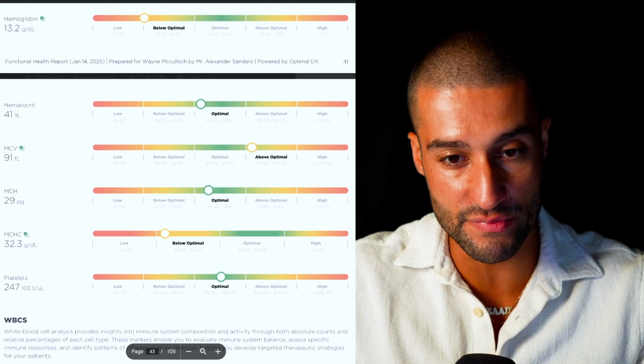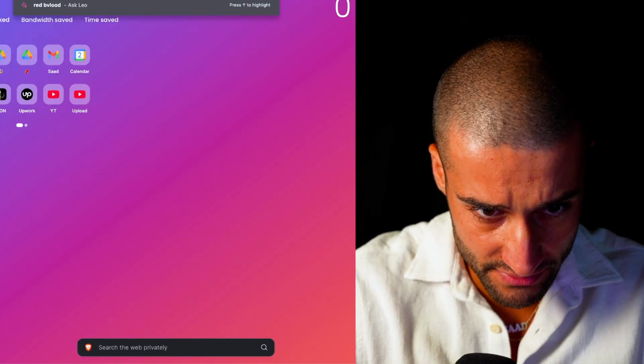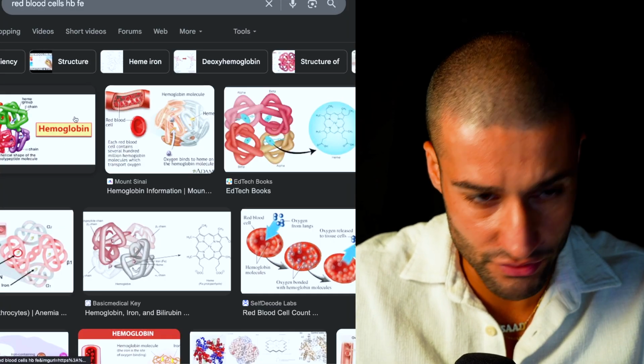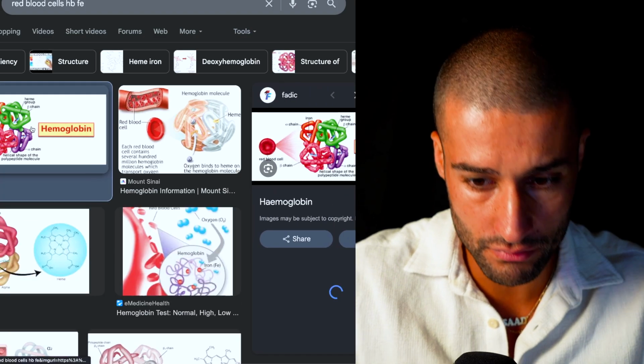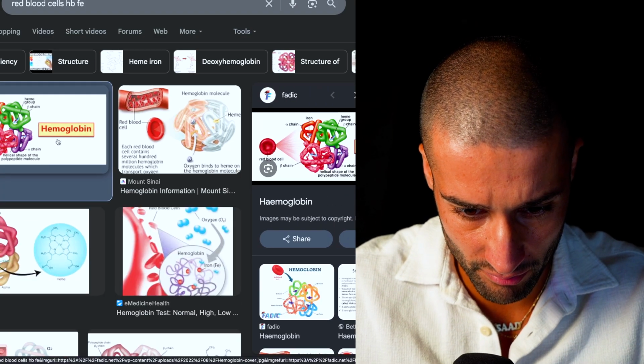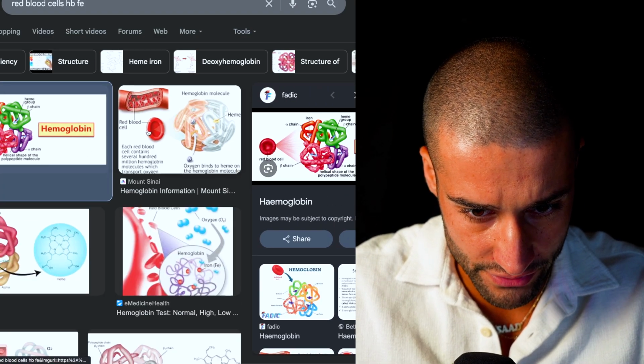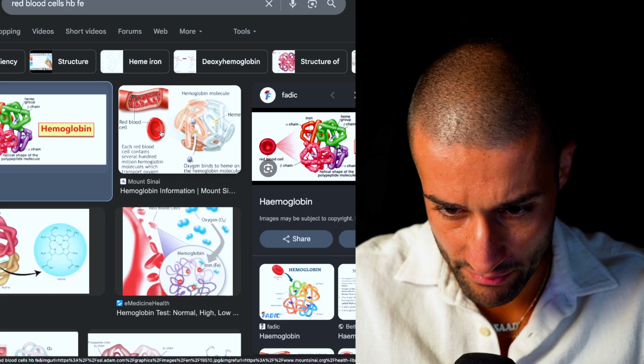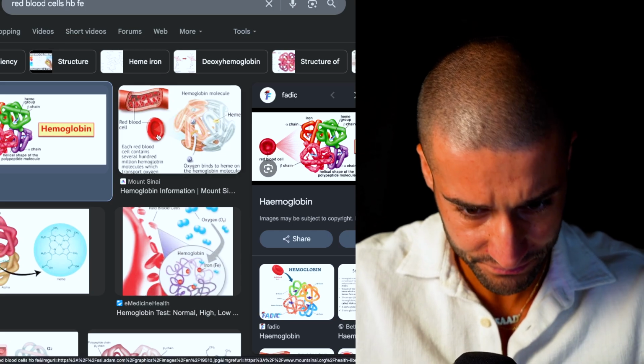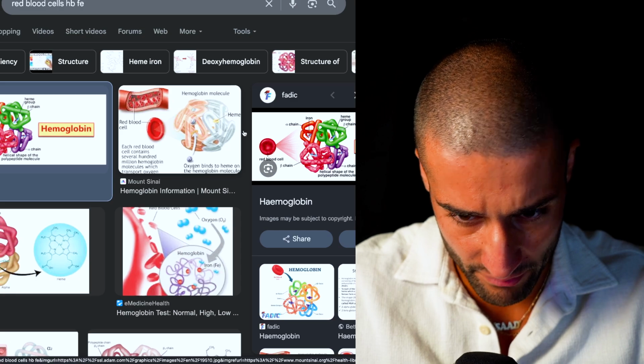Why this is important is because you have these red blood cells that carry oxygen around your body and pick up oxygen, drop off carbon dioxide. Long story short, they have these little things called hemoglobin in them, and these are the actual oxygen-carrying molecules themselves.